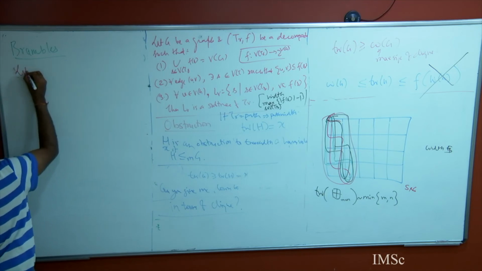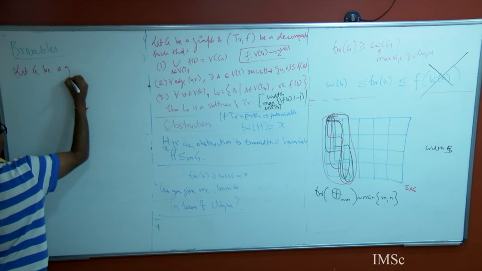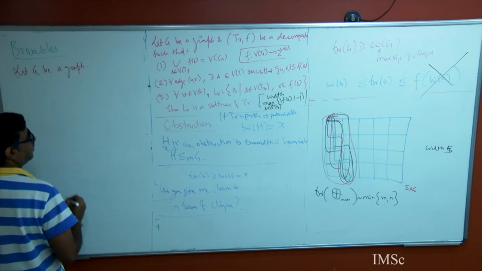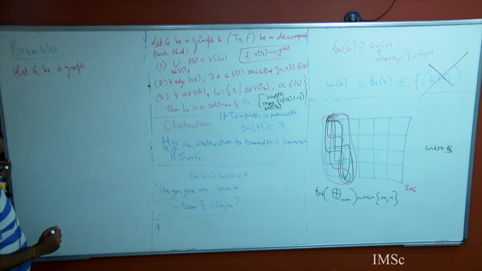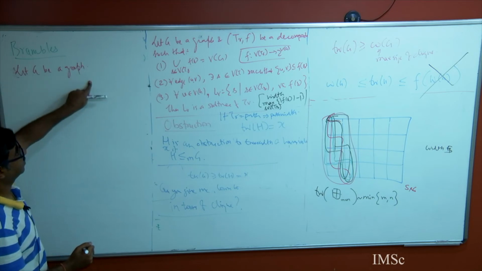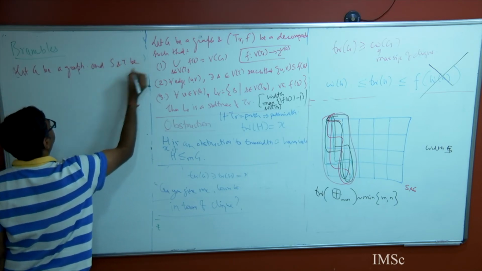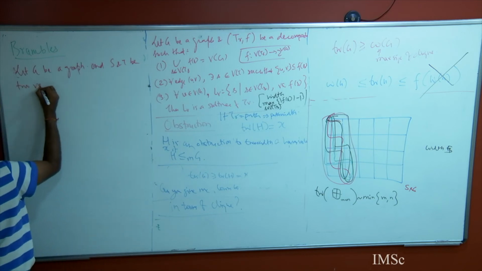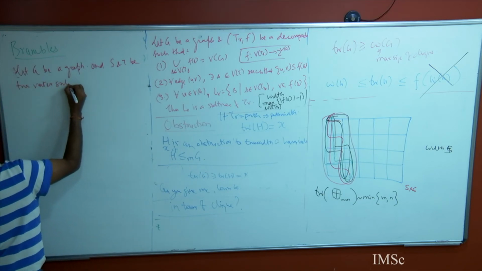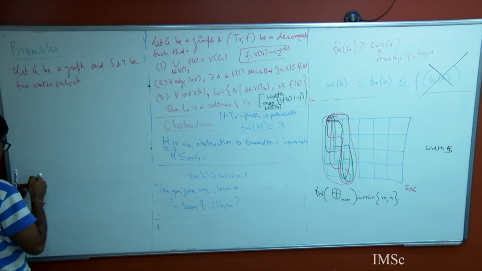Let G be a graph, and S and T be two vertex subsets.